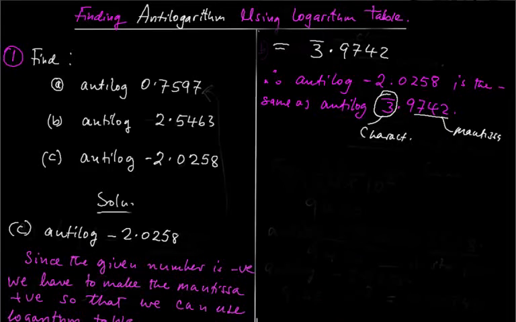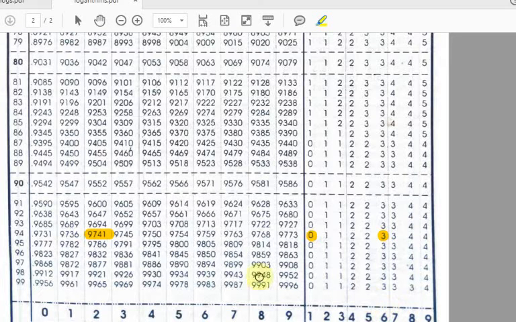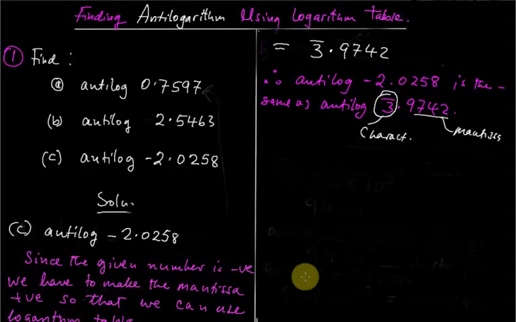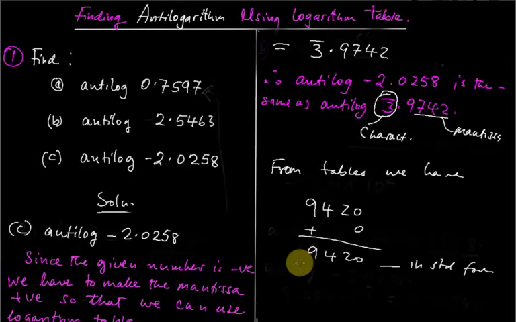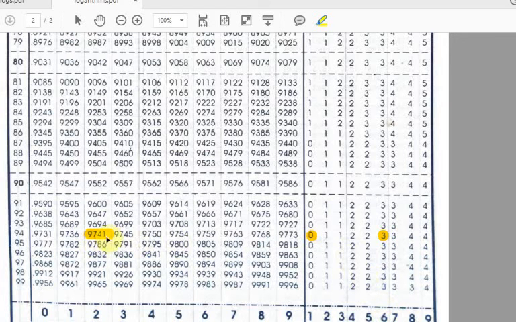From the 4 figure table, it is outside, 94, and this is under 2. So from the tables, it will be 94 under 2, 0. We have a difference because it gave us 9741, so we have a difference of 1. The difference of 1 is here, which is 0. So we don't have anything to add. That's why I added 0.